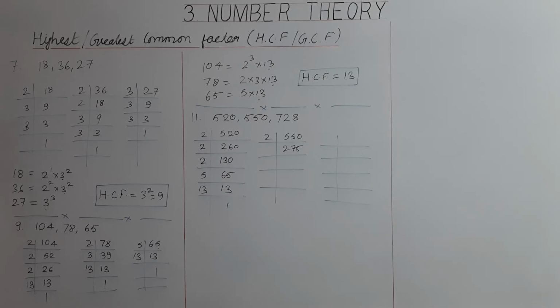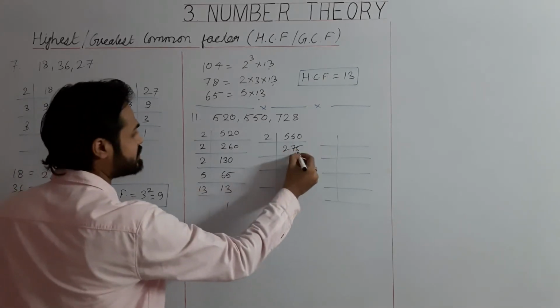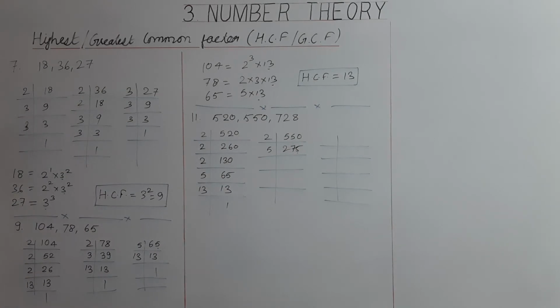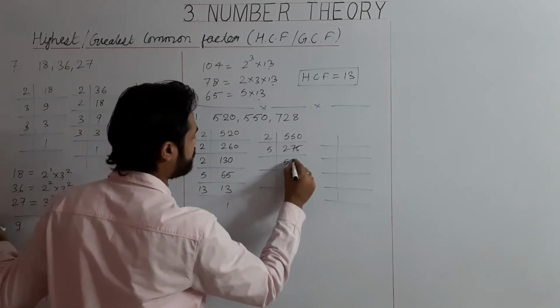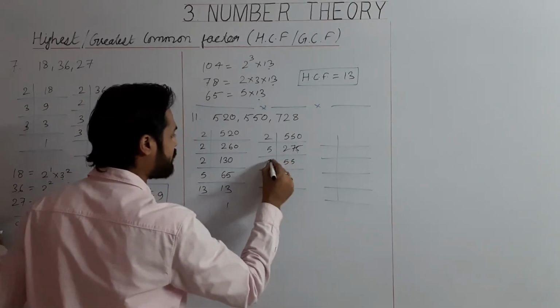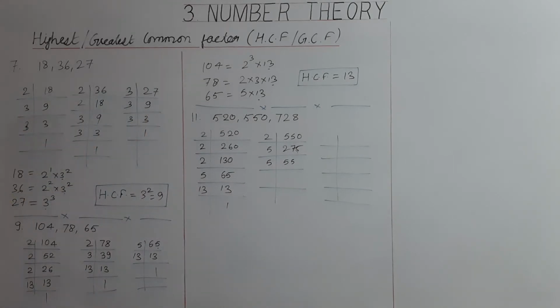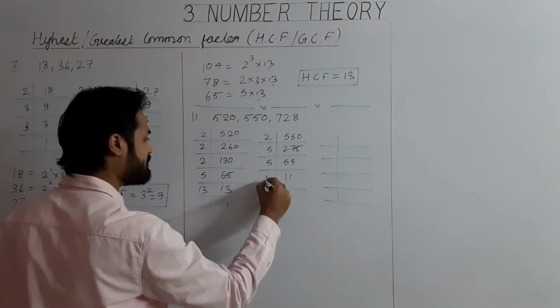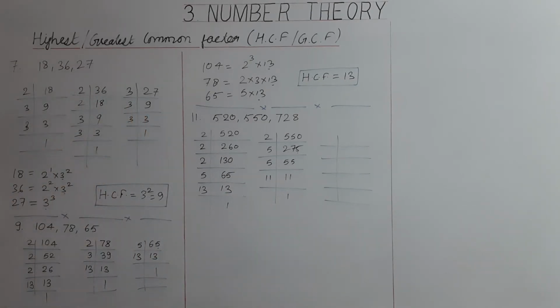Next prime number is 5. Yes, last digit is 5. So this number is divisible by 5. 275 by 5 is 55. Again, 55 is divisible by 5. 55 by 5 is 11. 11 is a prime number. So these are factors of 550.